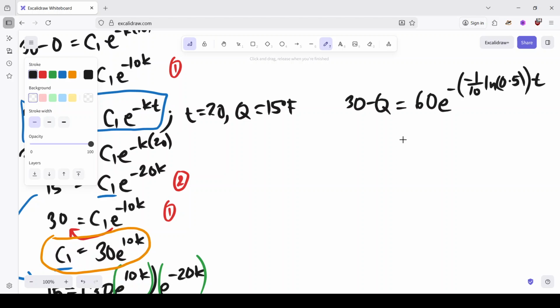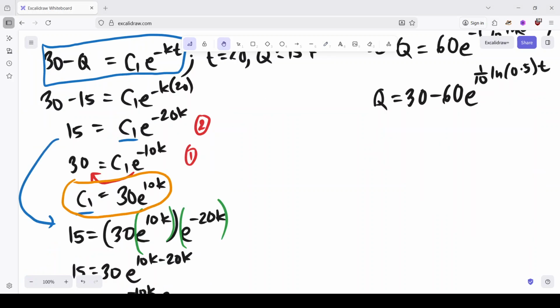Let's rearrange. So q will go to the other side, 60 will go to the other side. So q is equal now to 30 minus 60 e raised to, negative negative is positive, 1 over 10 ln of 0.5 times t. Again, we will not try to simplify this first.